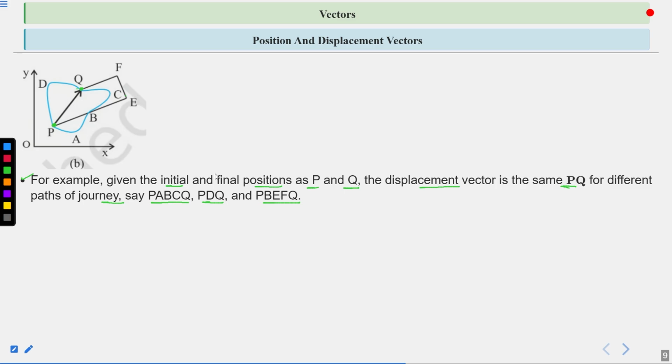It means the displacement vector is only PQ, and the initial and final position is the same. So we can say the displacement of the particle is 0.